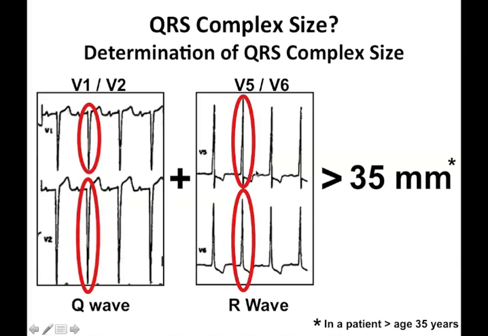If the QRS complex size is greater than 35 millimeters, then you have a patient who probably has the LVH pattern and can have ST segment changes, both elevation and depression, that are not related to acute myocardial infarction or STEMI.